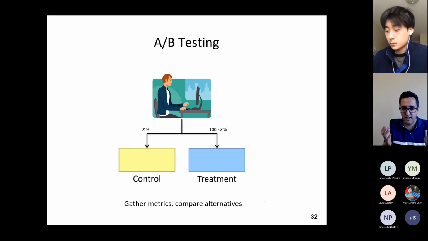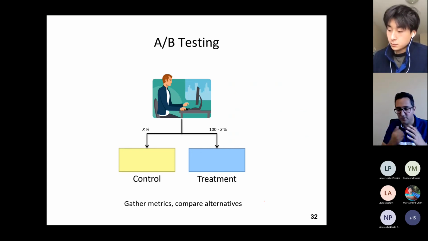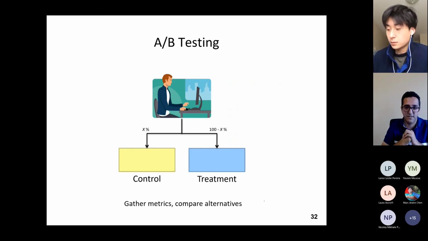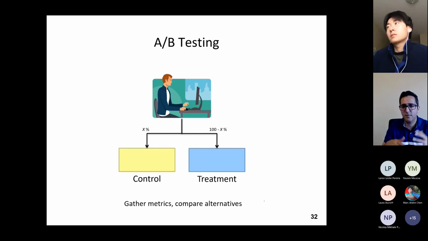And then after a while, they compare the two to see, could they increase the sales or not, right? Is the new recommender system on the treatment group working better? Why do we have the control group? Because something can change, right? You need the control so that if you see a difference, you can say it's because of the algorithm and not because of something else.